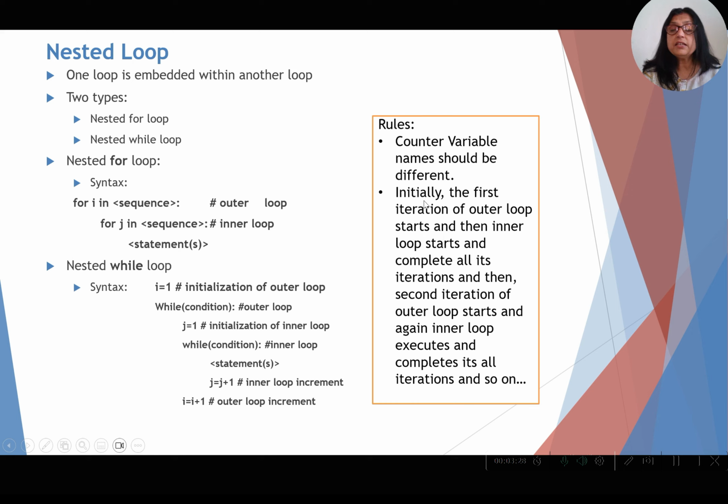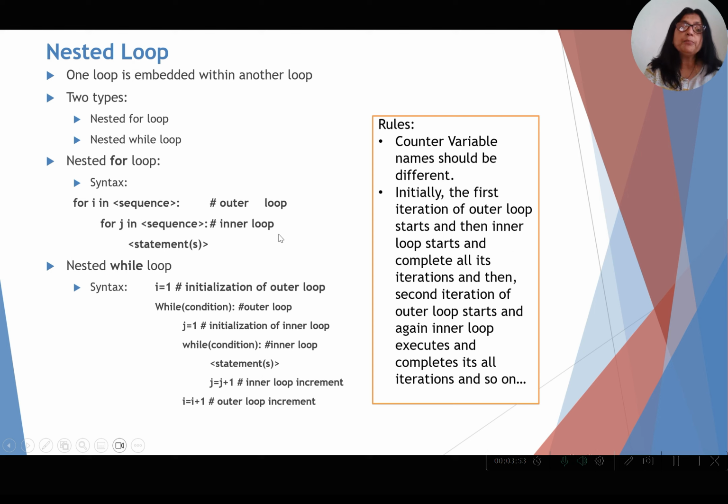Let's read this. Initially the first iteration of the outer loop starts, and then the inner loop starts and completes all its iterations. Then the second iteration of the outer loop starts, and again the inner loop executes and completes all iterations, and so on. This is how the nested loop works.